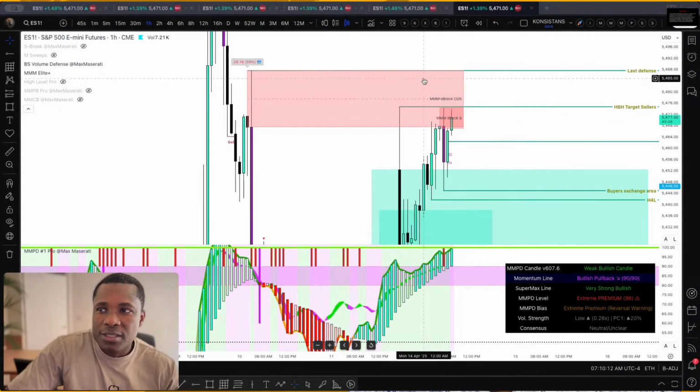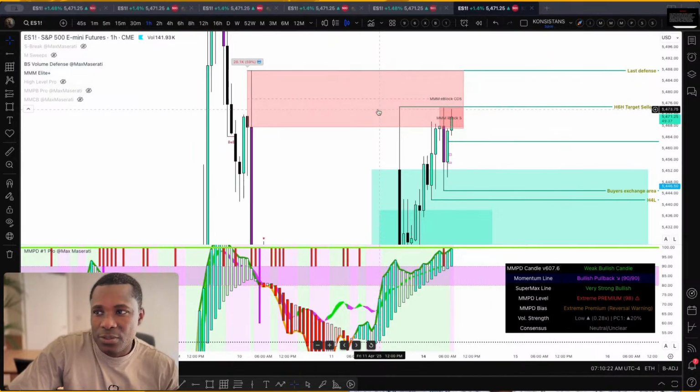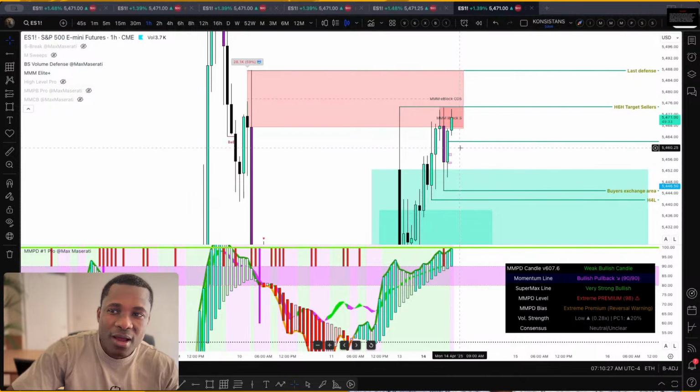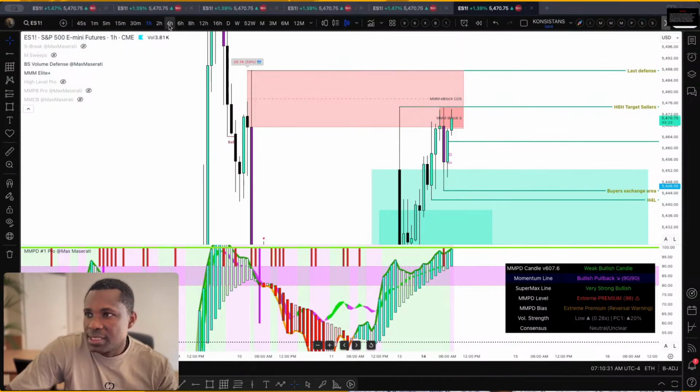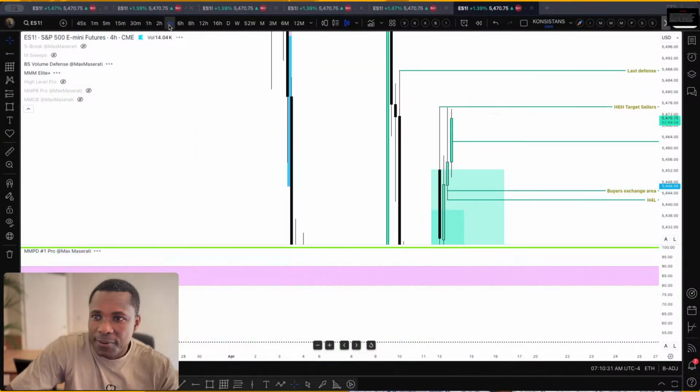If price takes this target here, do you still have a short trade in the 1 hour? Yes, because you have an external block, price gets inside of it. The only thing you'll need in 1 hour now is a PO for bearish. As simple as that. So highly likely price comes and takes this high.